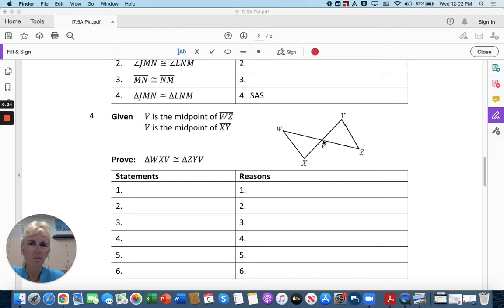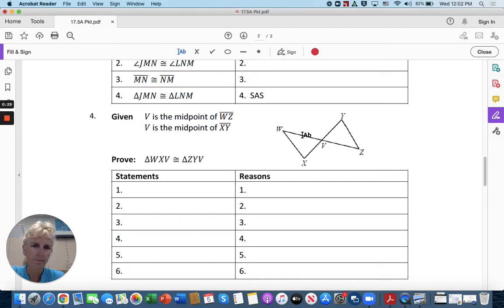Now if V is the midpoint of WZ, we know that this one, and I'm going to go ahead and put marks, is going to be congruent to this one.